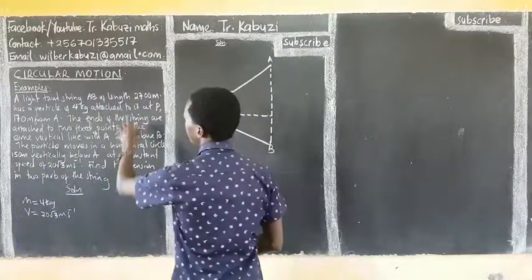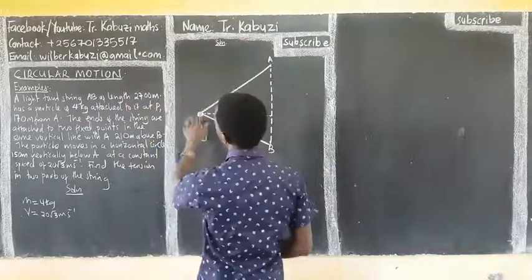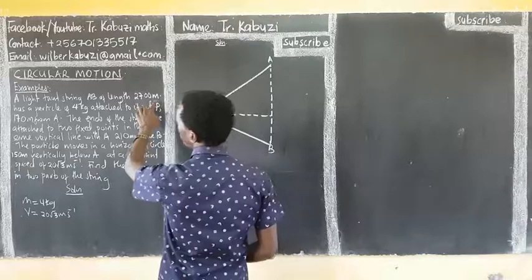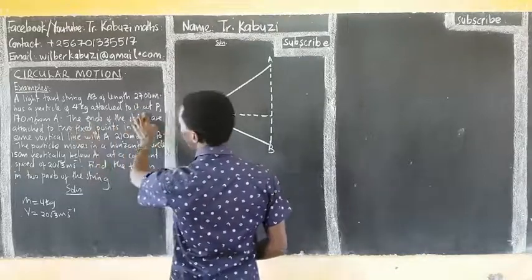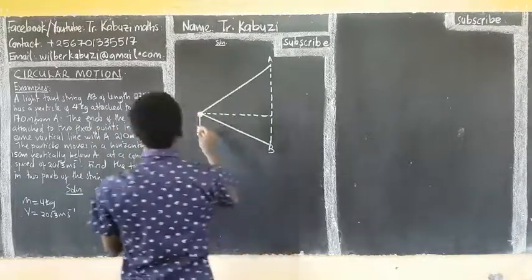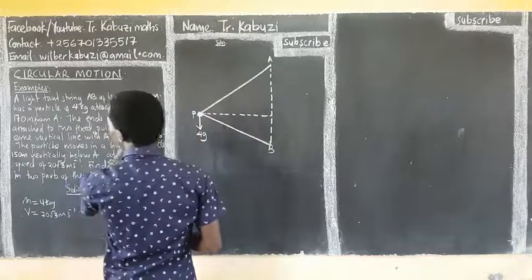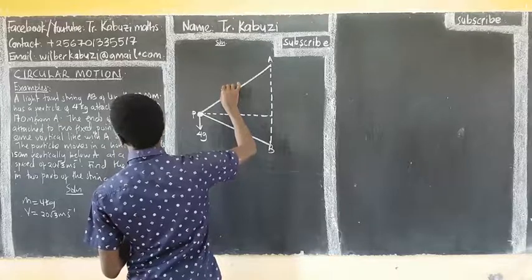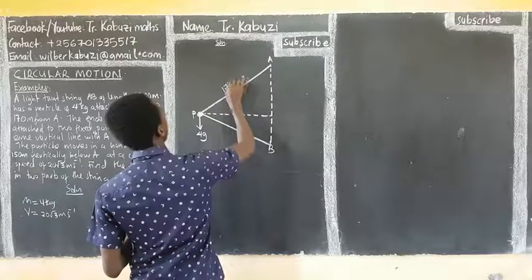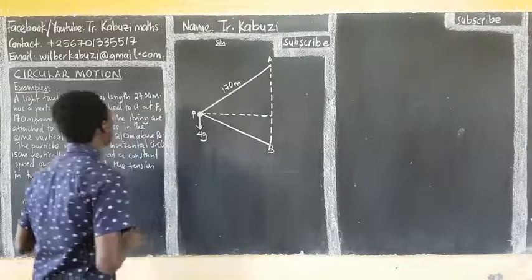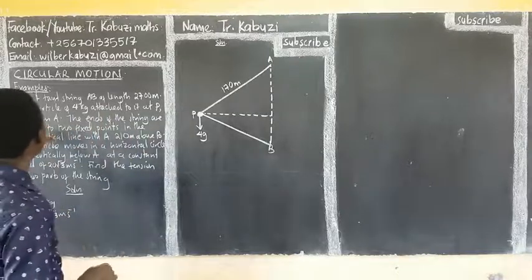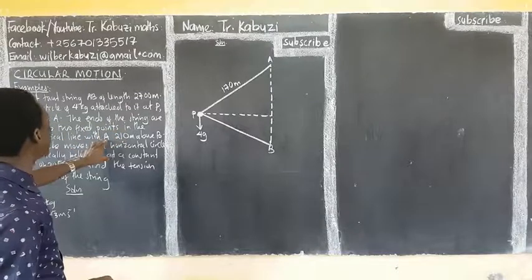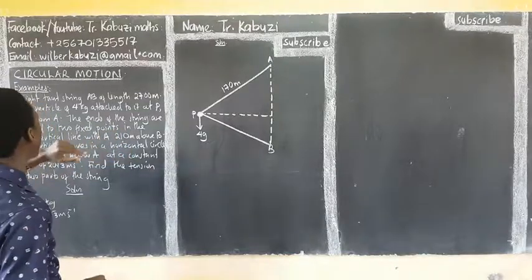So they're telling us that this is 270 meters, with a particle attached to it at P. So this is our point P, 170 meters from A. The ends of the string are fixed, so that's okay.